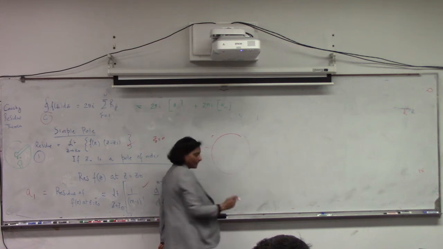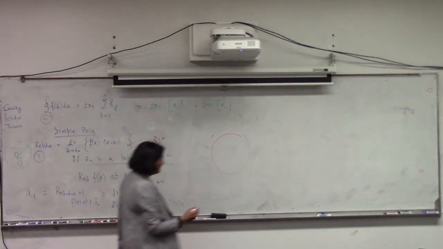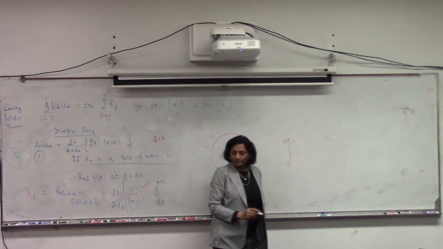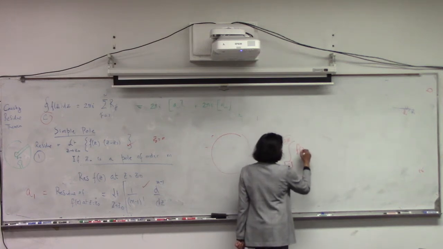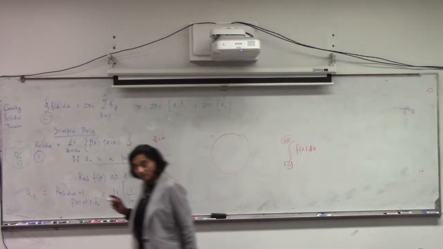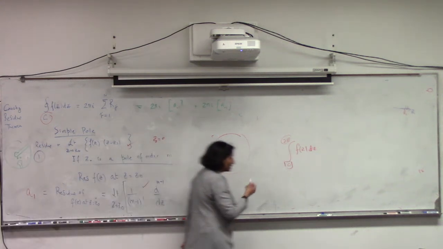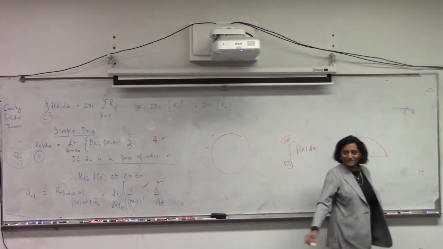If I have a problem where the limits of the integral are 0 to 2 pi, the limits also tell me what type of contour I have to use. In that case, I'll do a circle. Whereas here I wanted minus infinity to plus infinity, so I have to go along the real axis, you understand?